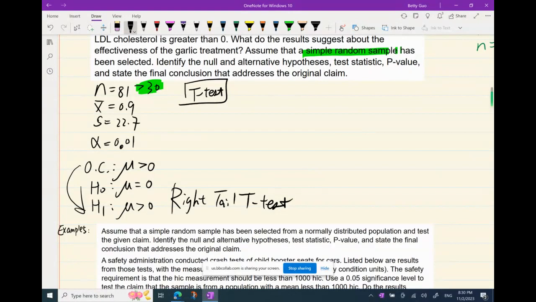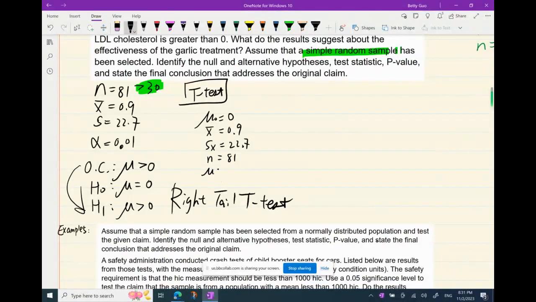All right. So on the calculator, mu sub 0 is going to be 0. X bar, the sample mean, 0.9. S sub x, 22.7. n equals 81.